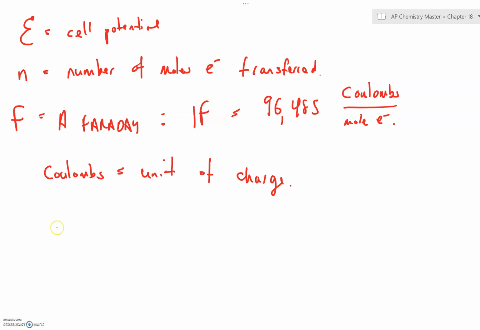And so another way of describing voltage is how many joules of work are done to transfer 1 coulomb of charge, because you know that like charges repel. So if you're going to stack a bunch of electrons, like say in a battery, that requires work. Take a good physics class and you'll get to that. We're not going to worry about that so much.